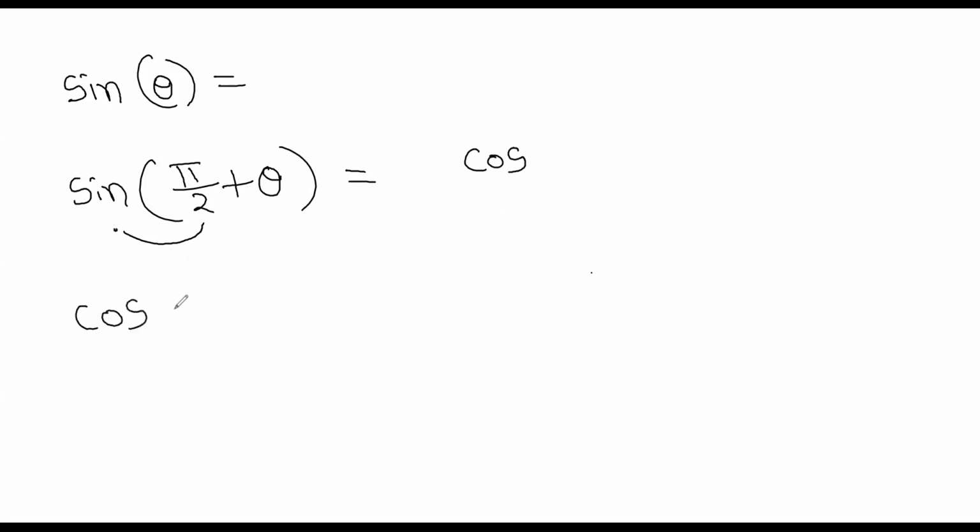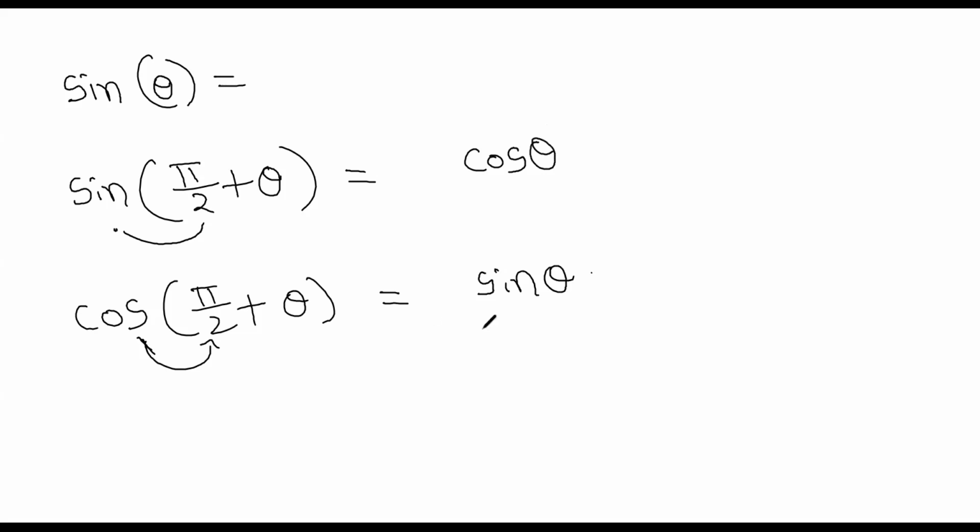If it is cos of pi by 2 plus theta, since it is pi by 2 plus, cos becomes sine theta. I am only telling about the value now; we will come to the sign, whether it is positive or negative, later. So for sine, it converts to cos, and cos converts to sine.